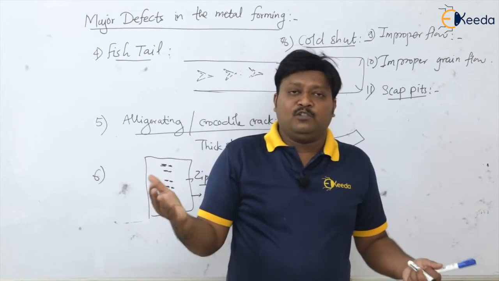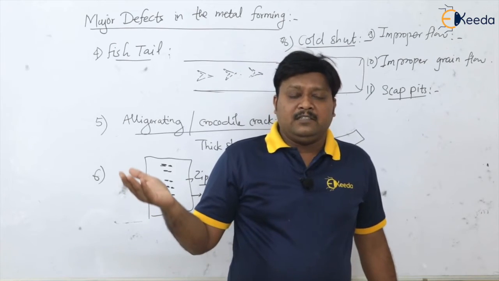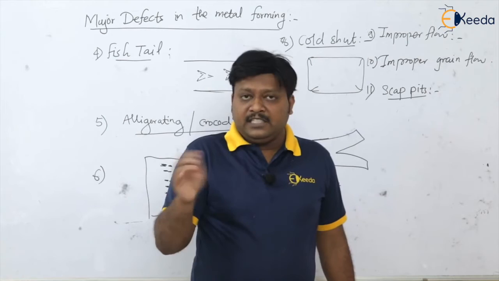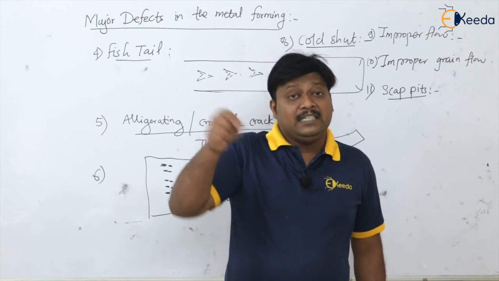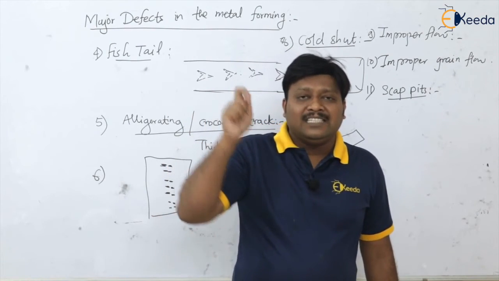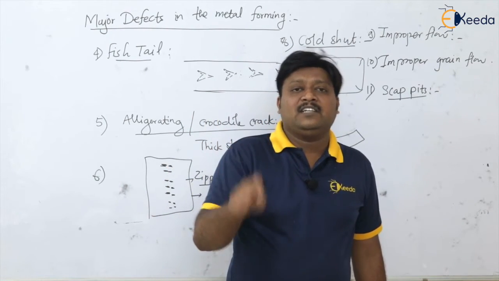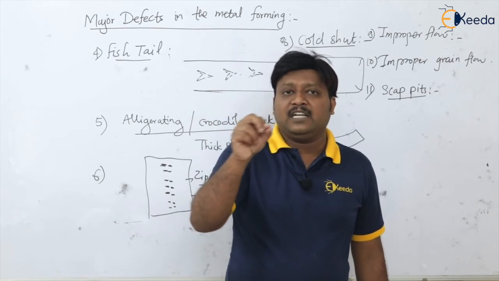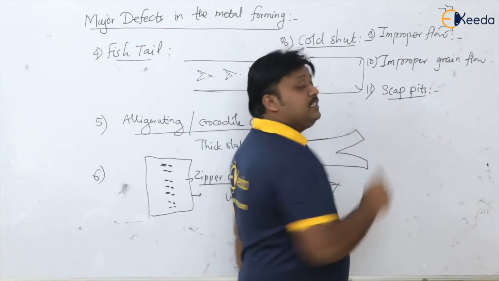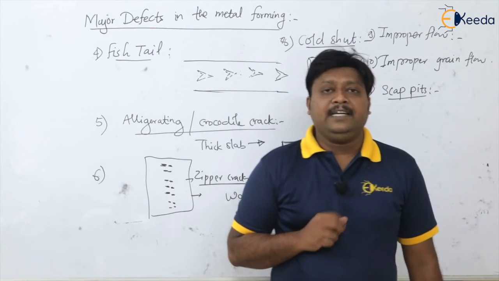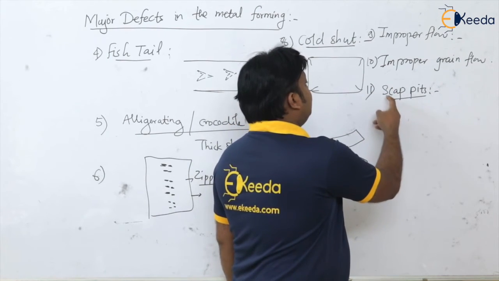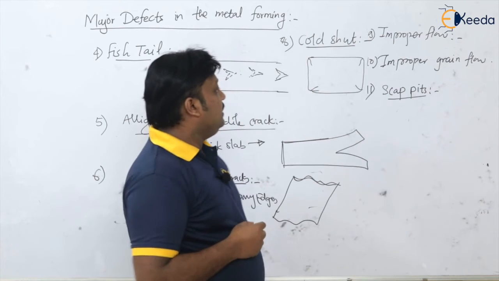Once the forging is over, when you clean off this oxide layer with pickling or acid cleaning, these particles come out, but the impression of these inclusions or scale is left on the surface. Some small depressions or pits we can see are known as scale pits in the forging operation. This is also a very important defect in the forging operation.